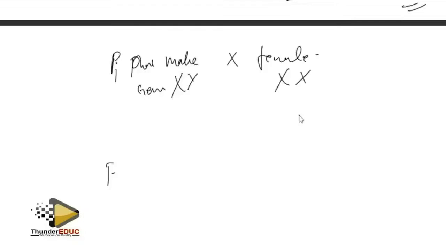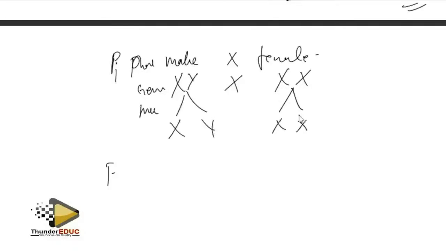Male crossing with a female, and you tell us the phenotype and then the genotype. Male is XY and female is XX. Then you cross. Then you tell us meiosis here. You tell us the gametes, they come out here.